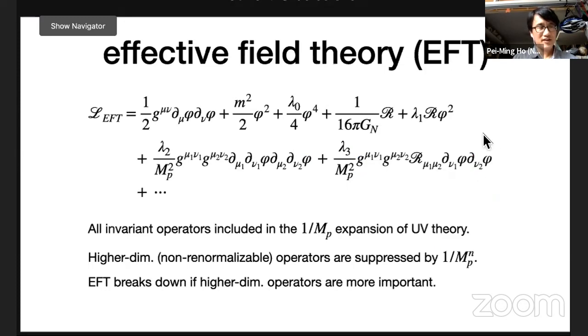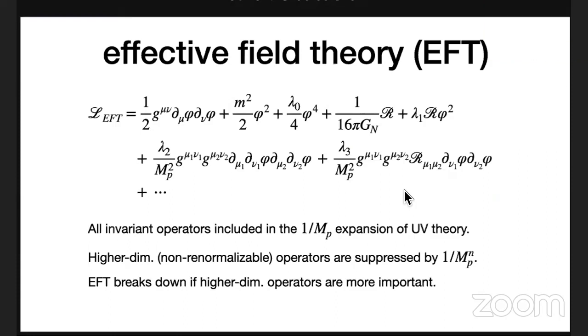So you have a UV theory and then you go to low energies, you get these effective interactions. In general, you have infinitely many terms, and when you go to higher and higher energies, these higher order terms would become more and more important. This is, I guess, now the standard view about effective field theory nowadays. Okay, thank you.